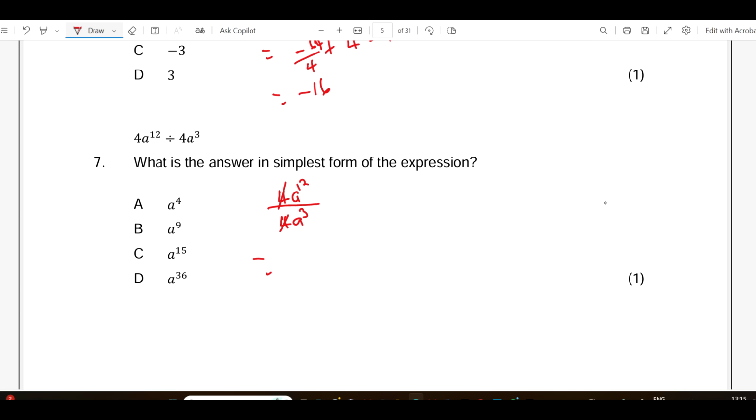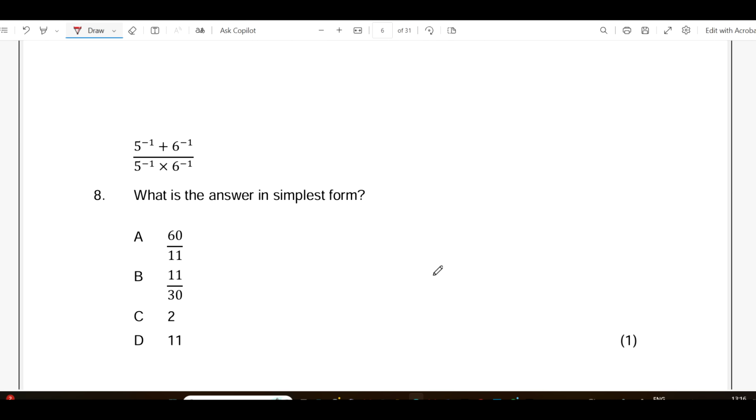This 4 and 4 will cancel, and we'll be left with a to the 12 over a to the 3. When the bases are the same and we have division, this 3 comes to the numerator and changes sign. It's going to be minus 3. Therefore, it's going to be a to the exponent of 9. The correct answer is B.